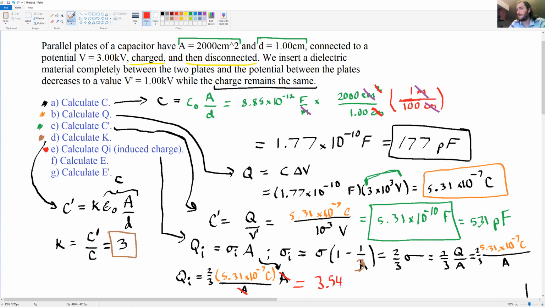3.54 times 10 to the minus 7 coulombs. That's the induced charge there. Now let me make that up better. There we go. Okay, so let me know if I made a mistake there on that.